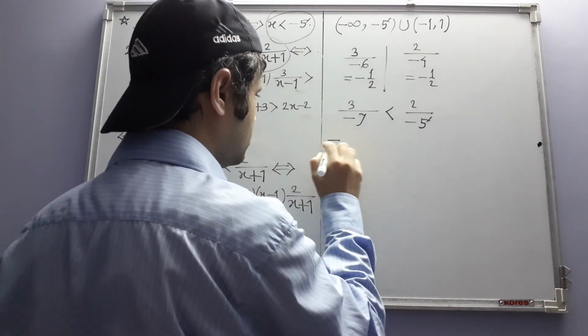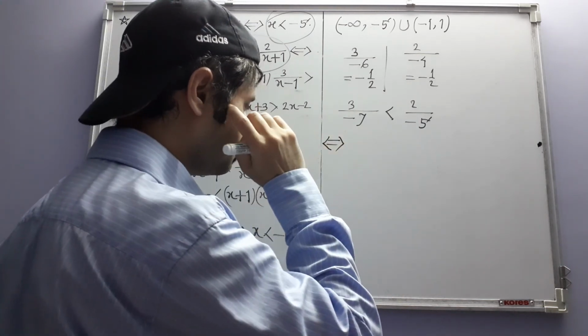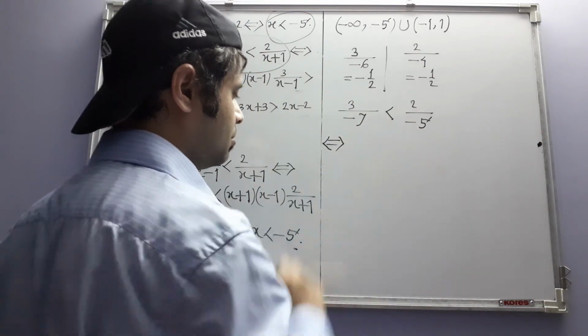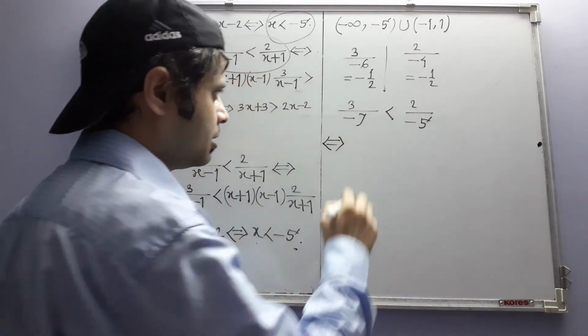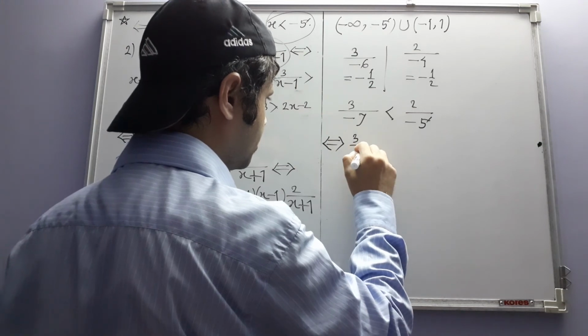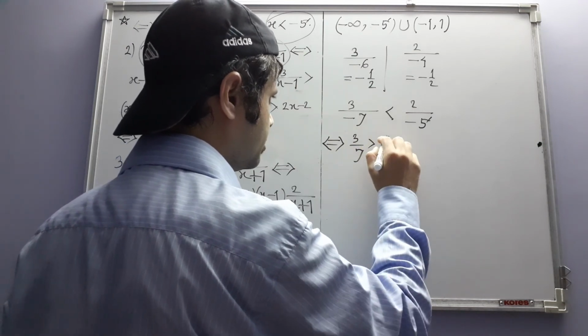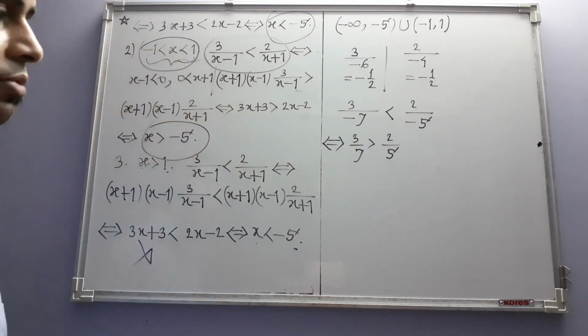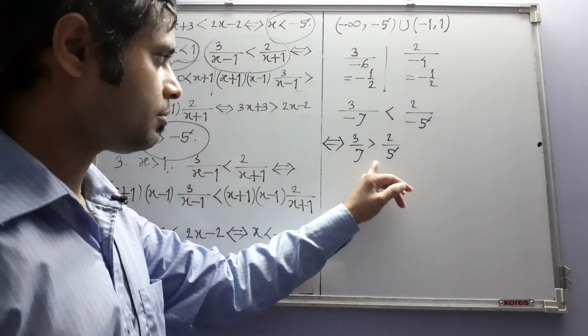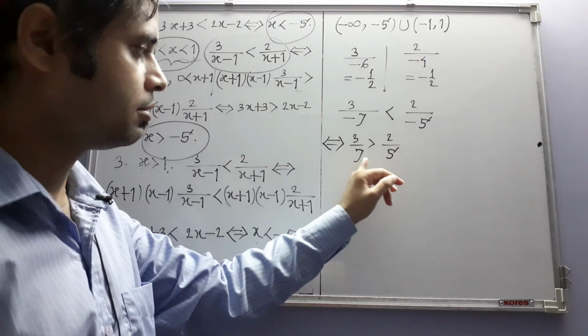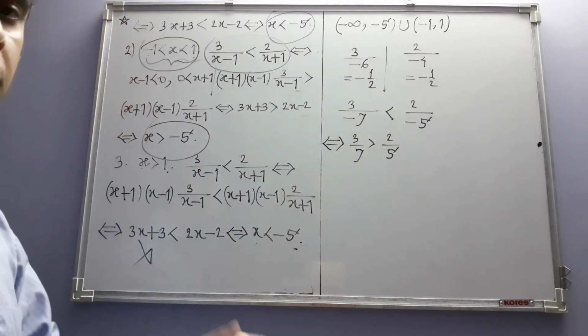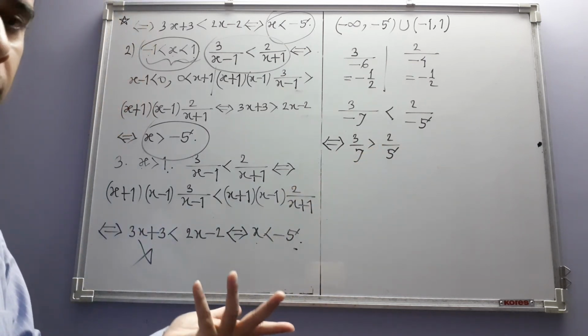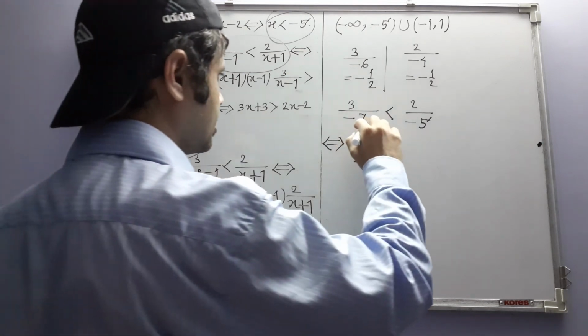So you simplify it, multiply both sides by minus 1. That will change the direction of the inequality, and then you just do cross multiplication and see if it's correct. 3 times 5 is 15 and 2 times 7 is 14, and 15 is greater than 14. So yes, it is correct.